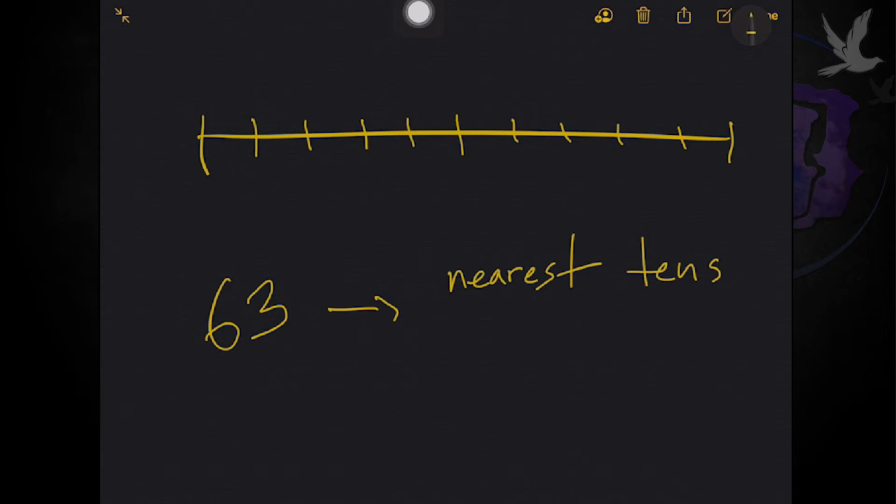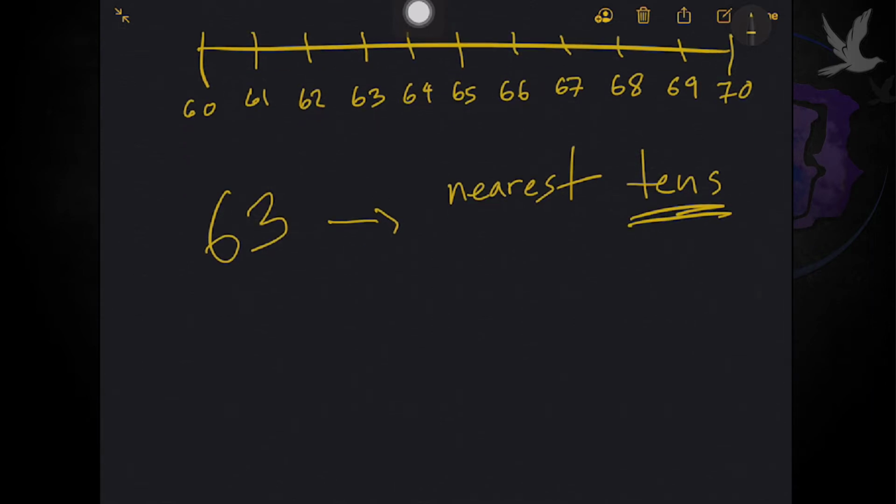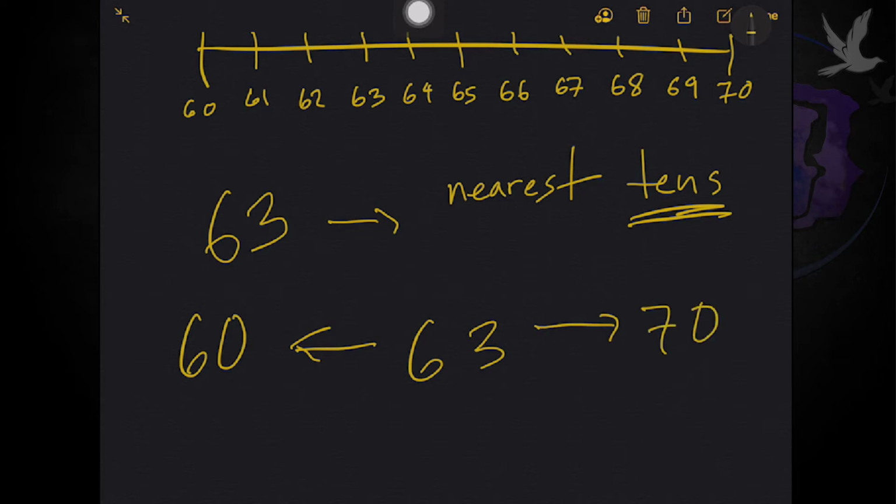If I'm going to fill this in, I'll start with 60, 61, 62, 63, 64, 65, 66, 67, 68, 69, 70. When you are asked to round off a certain value, which is in this case 63, and the instruction says nearest tens, since it's in tens, 63 will be rounded off either to 60 or to 70.